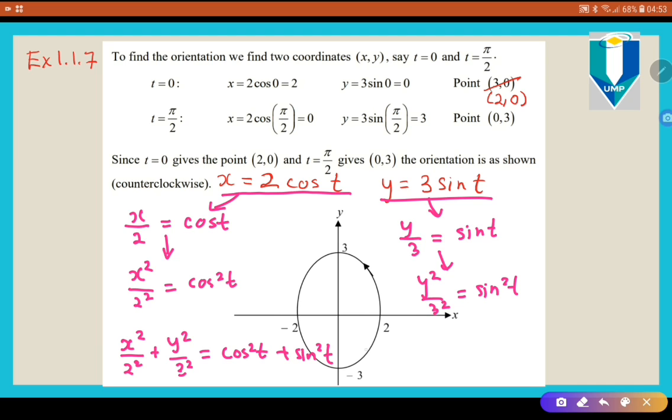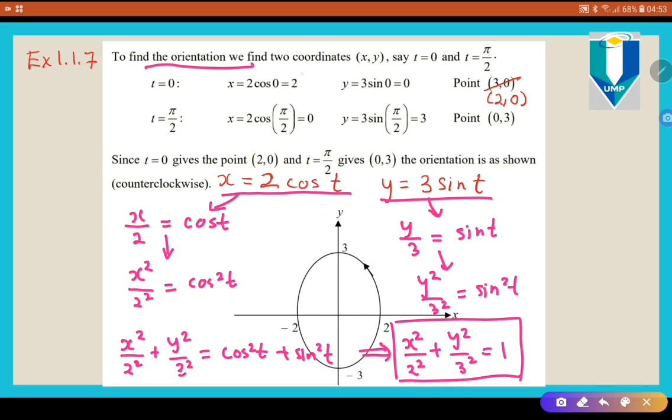So we end up getting the equation x squared over 2 squared plus y squared over 3 squared equivalent to 1. And we know that this is an ellipse. Okay, to get the orientation, second part, we need to find the orientation.